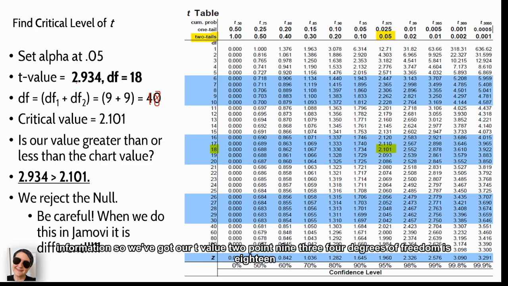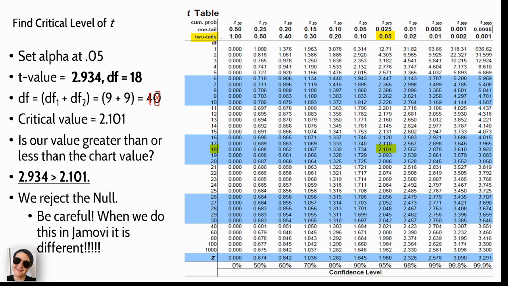But you're going to read this chart based on that information. So we've got our t value, 2.934. Degrees of freedom is 18. We need to find the critical value. So we're going to come over here and use a two-tailed test, and we're going to go to 0.05 for our alpha level. You can draw a line through this until you stop right there.